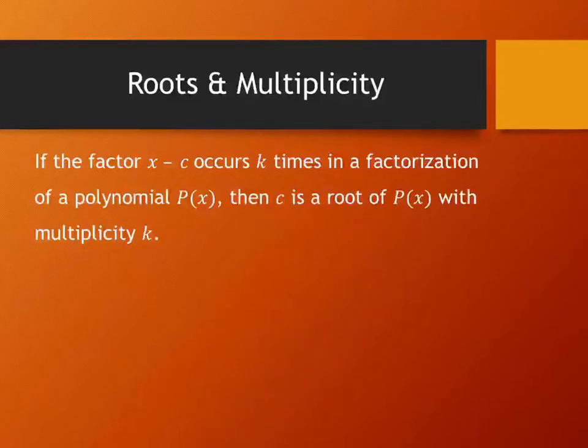So if the factor x minus c occurs k times in the factorization of the polynomial, then we would say that c is a root of p of x, and it has multiplicity k.